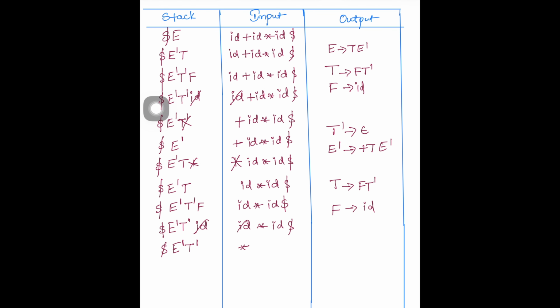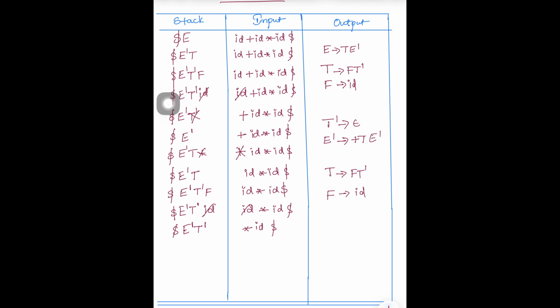The input is star ID dollar. The top is T prime and the current input is star. The parsing table tells us to apply T prime produces star F T prime because the multiplication operator is present. Again our stack will be dollar E prime T prime F star and the input is star ID dollar.